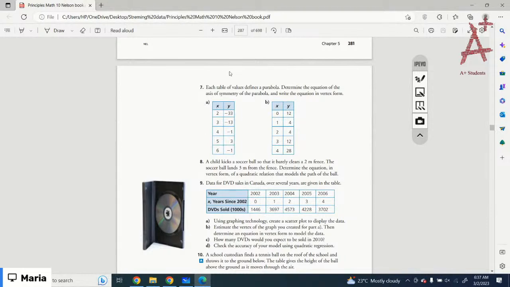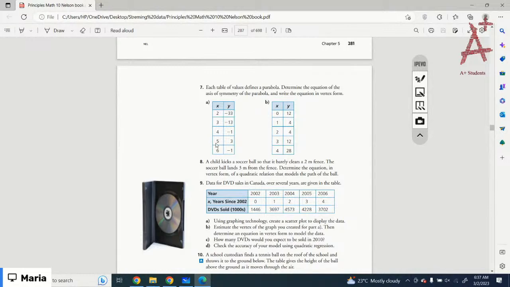So the axis of symmetry is 5. Got it? Because the y values on either side of it are equal.